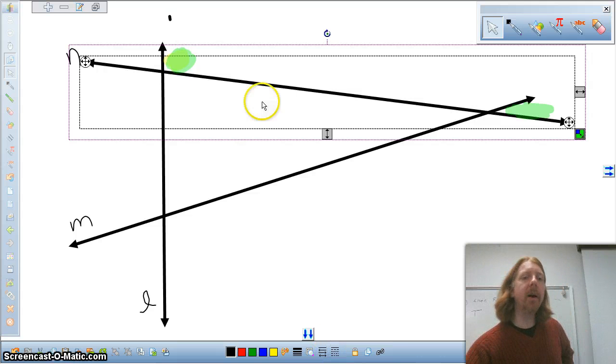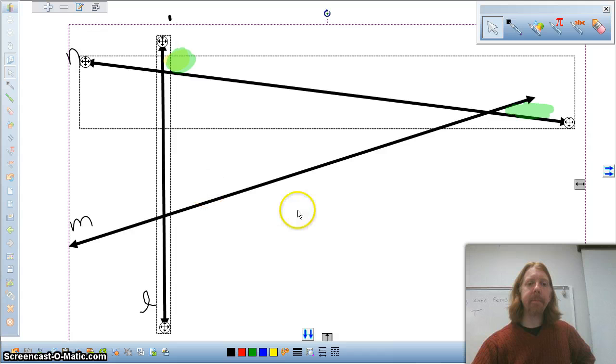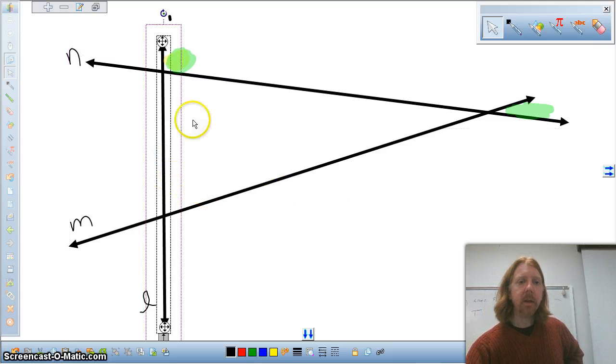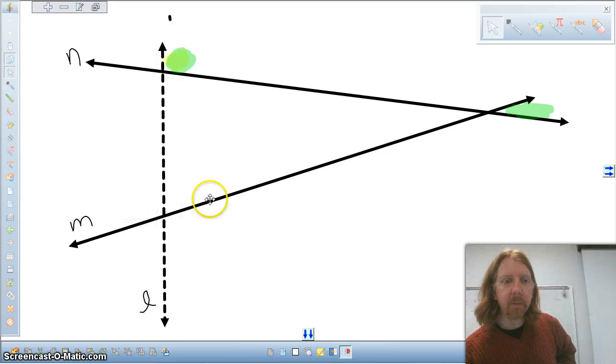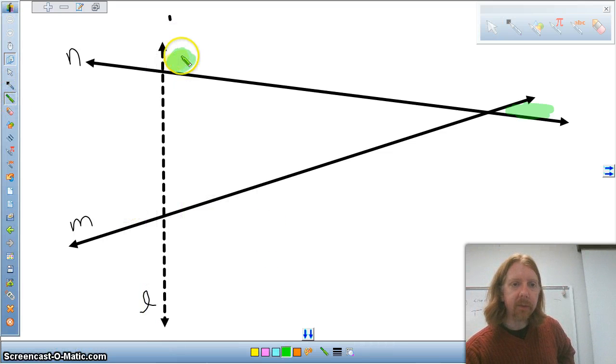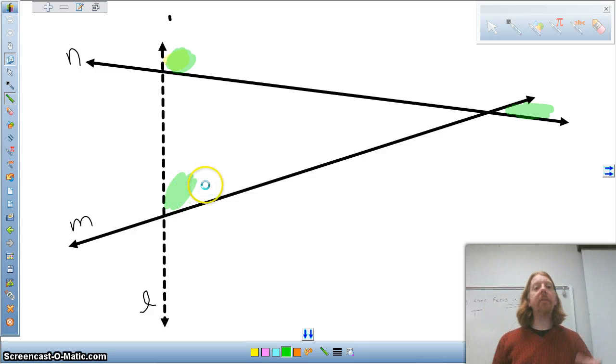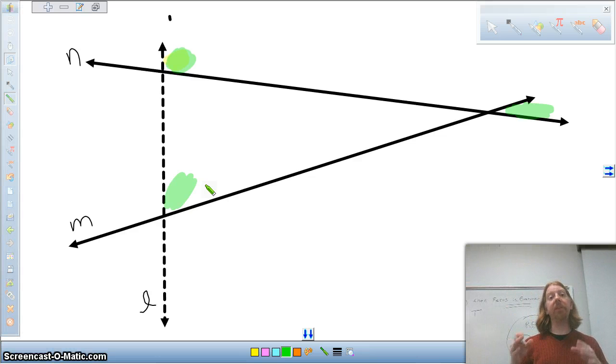Let's go ahead and talk about N and M, making L the transversal. Sticking with that same color highlighter I used, this angle will then correspond to this angle. They're on the same side of the transversal, and one's in the interior, one's in the exterior. They're both, in this case, in the northeast position.